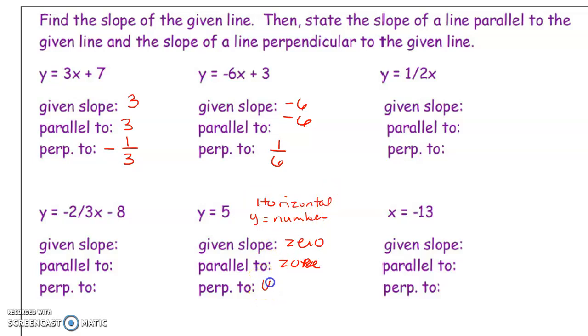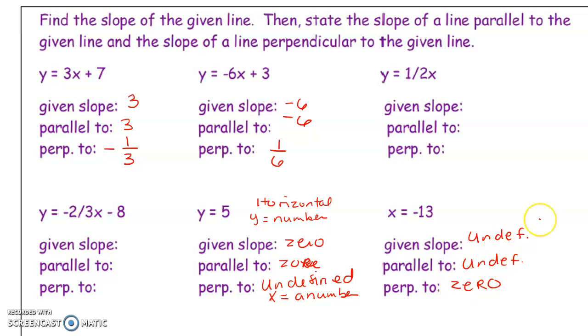And it's going to be perpendicular to any undefined slope, which is x equals a number. Here I have that x equals a number, so my slope is undefined. A parallel slope would be undefined. A perpendicular slope would be 0, for any y equals a number.